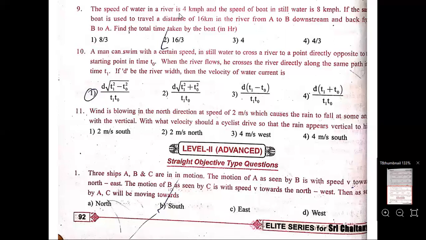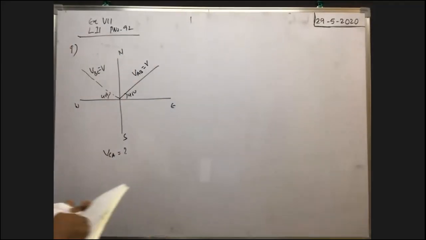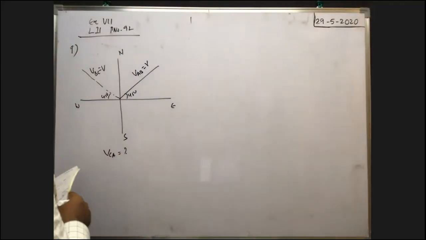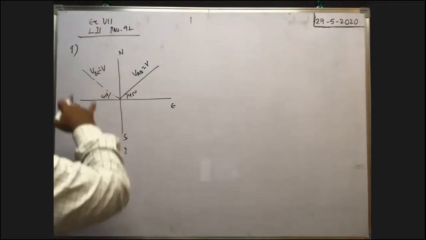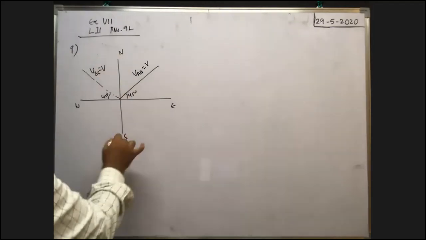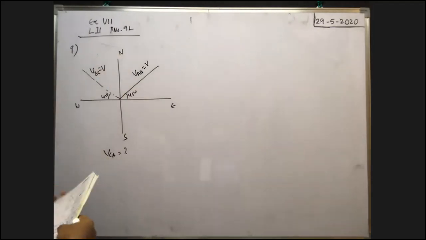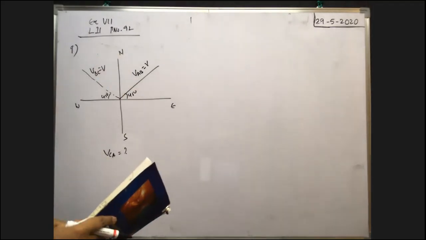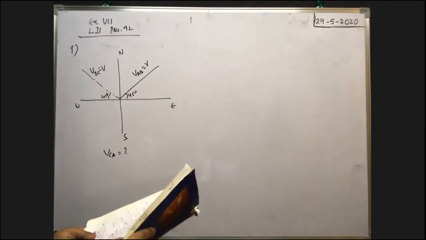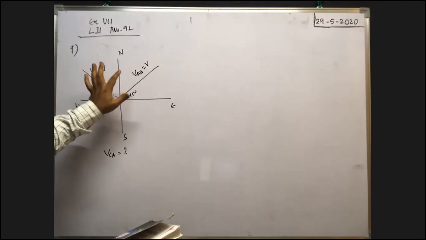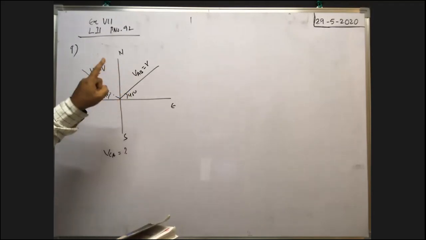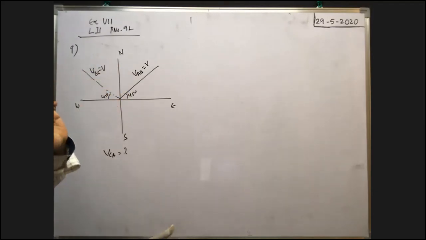Okay, all of you listen to me. Now you see, as the problem mentions the north, east, south, west directions, I have represented the geographic directions. In the problem, three ships A, B, C are in motion. The motion of A as seen by B is V along northeast, that is given.